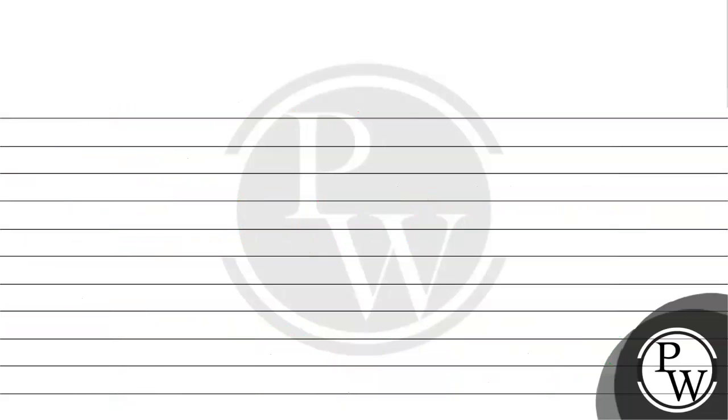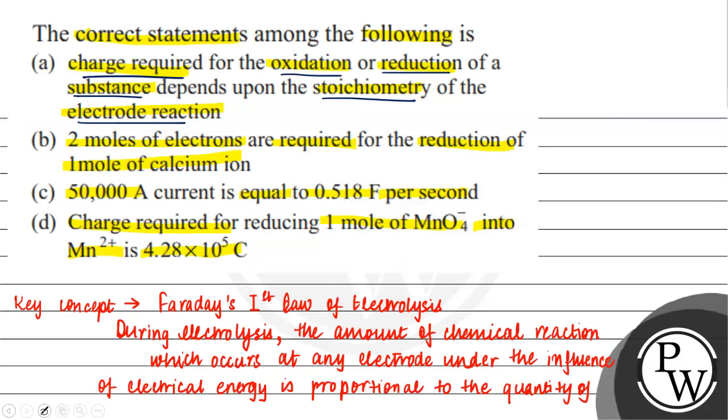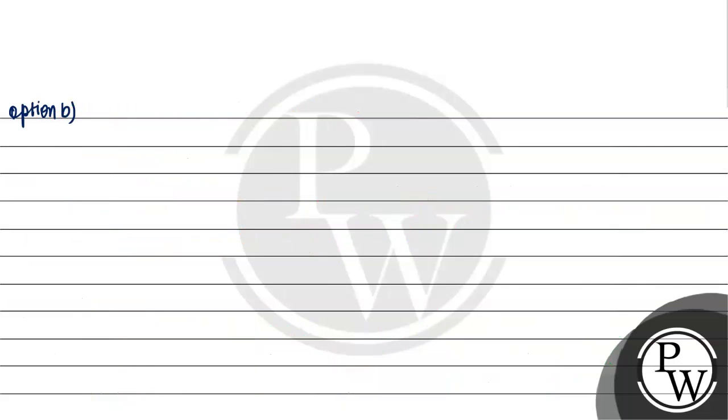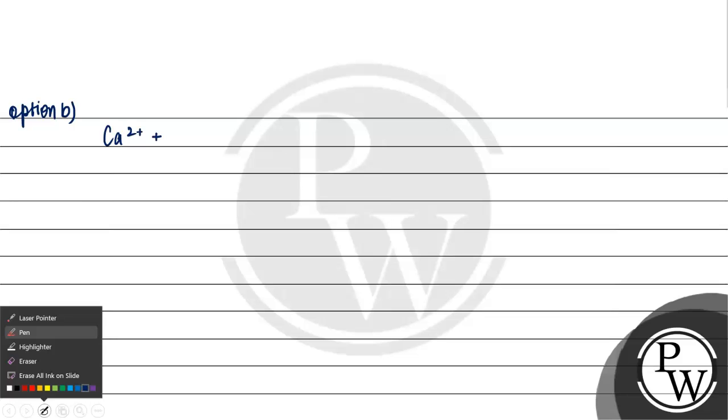Now let us look at option B. Option B states that 2 moles of electrons are required for the reduction of 1 mole of calcium ion. So let us see the reaction which is involved. This statement is true.